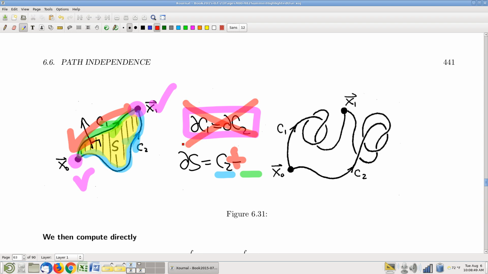In fact, for C1 and C2, one starts where the other ends, one ends where the other starts. Their boundaries are now, in fact, negatives of each other. Right? So basically, pick your negative. You get to decide where you want the negative to be, but there's going to be a minus sign, one way or the other, in one of these equations.